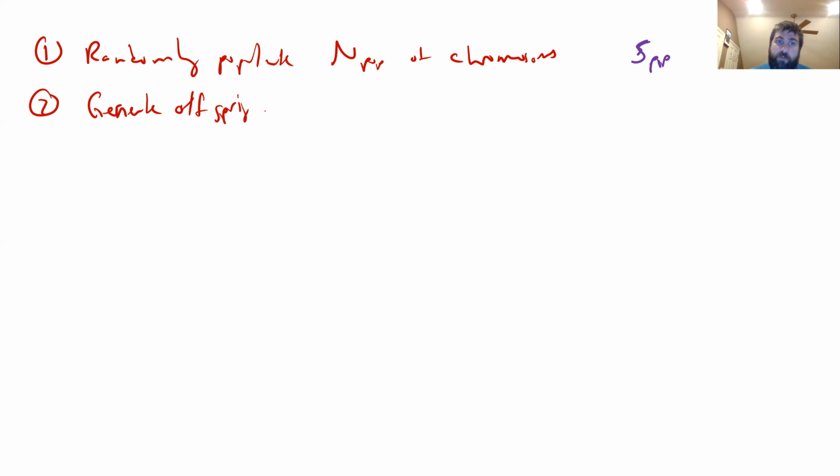How do we do this? Well, there are two things that go into the generation of offspring. We introduce random mutations.